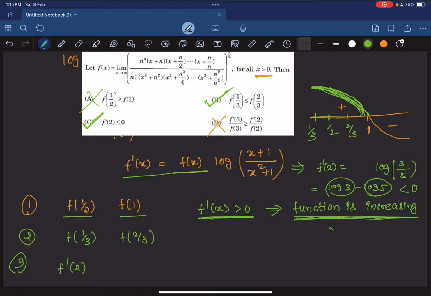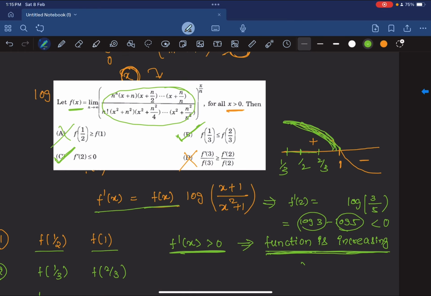I hope you have got something to learn from this video. We have dealt with different concepts here. The first thing is to notice that f(x) is always positive. The second thing is to manipulate and convert these products into summations. The third thing is to put all the summations in integral forms.